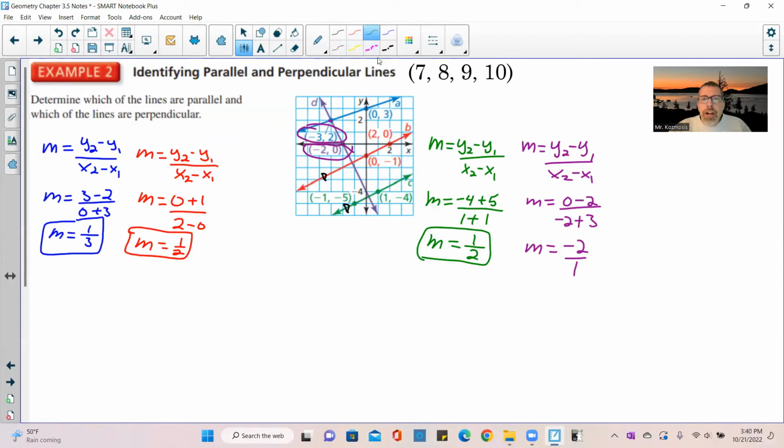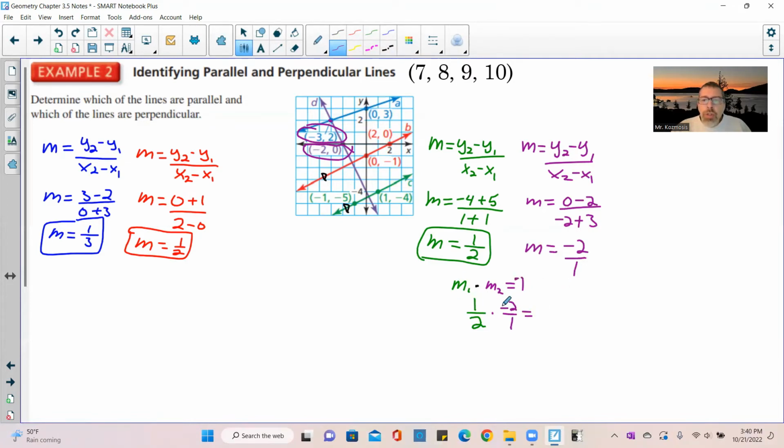So in other words, if the slope of one line times the slope of a second line equals -1, then you know the lines are perpendicular. So I have the slope of the green line 1/2, the slope of the purple line -2 over 1, and when I multiply those, it's -1.